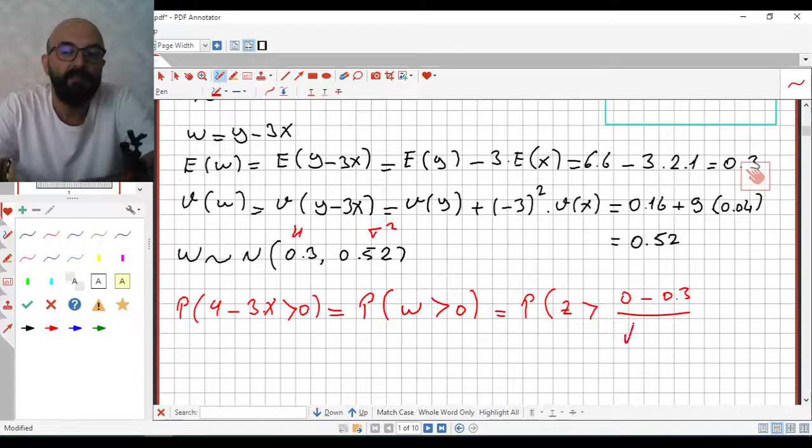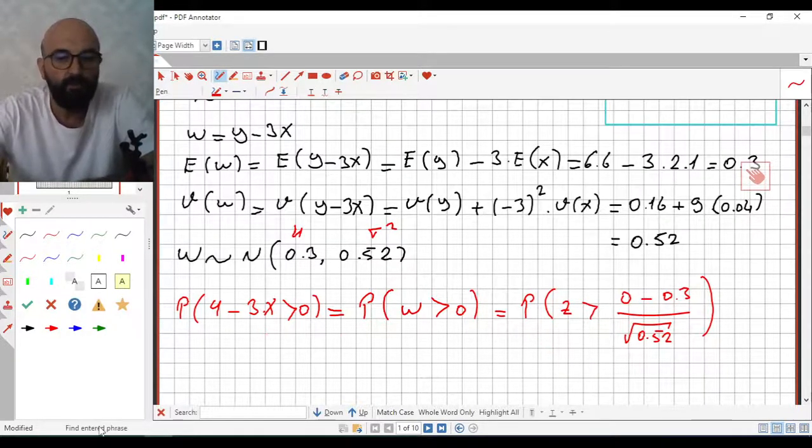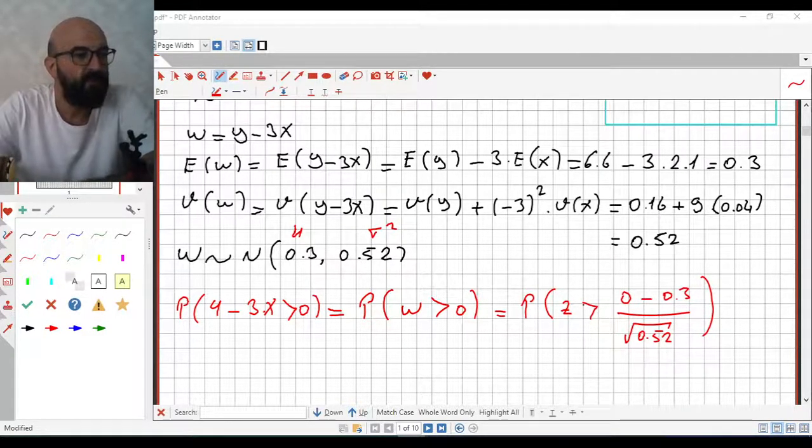Sigma is the square root of the variance, which means the square root of 0.52. I want to look at the results shortly. So it means minus 0.416, minus 0.